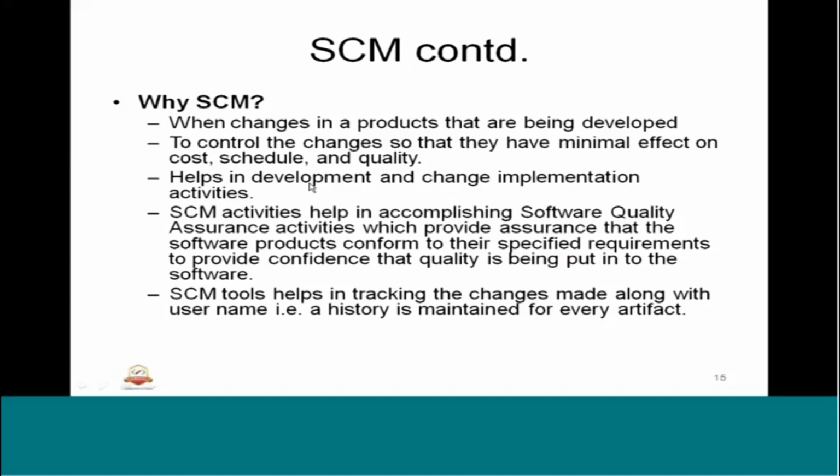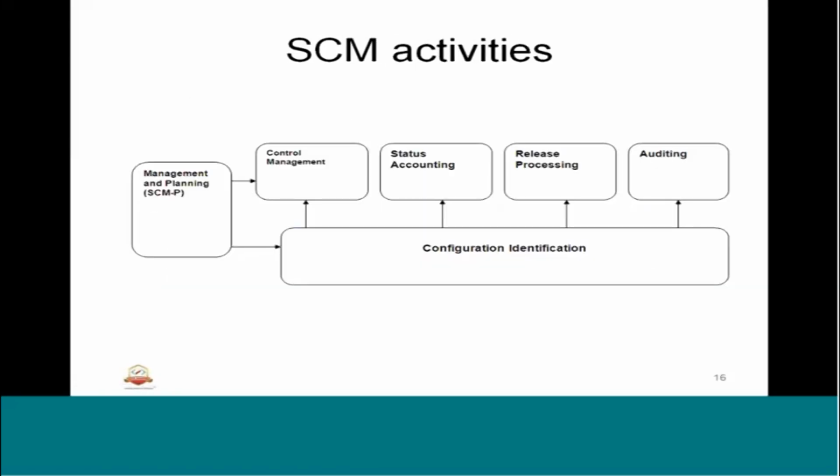SCM activities help in accomplishing software quality assurance. SCM tools help in tracking the changes made along with the respective name, and as we have seen, these are the SCM activities: planning, control management, status accounting, release processes, auditing and identification.